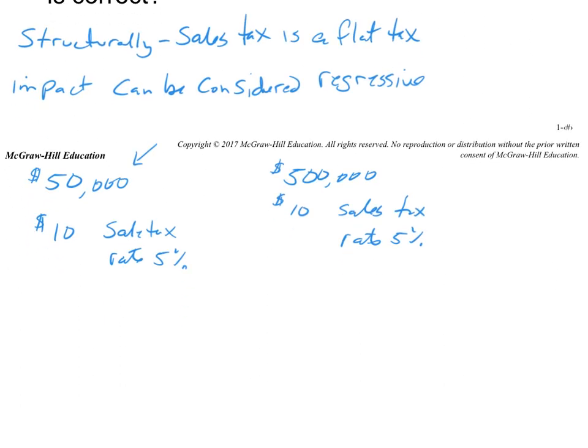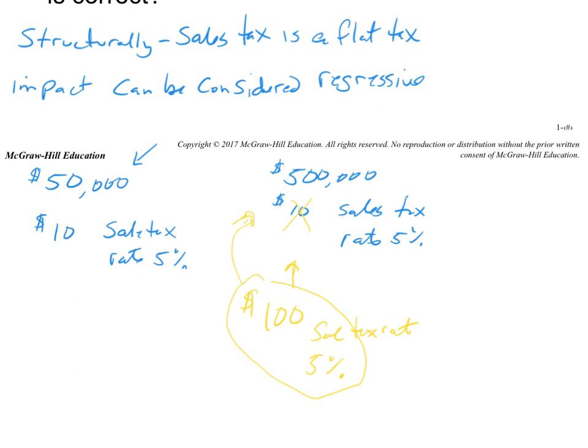Now, alternately, the counter to that is if you make considerably more money, typically what happens? Well, typically you spend considerably more money. And so instead of buying $10 of socks, say they buy $100 of socks, and the sales tax rate is still 5%, but now we're talking about a much larger amount of tax being paid, and so the relative impact is the same.